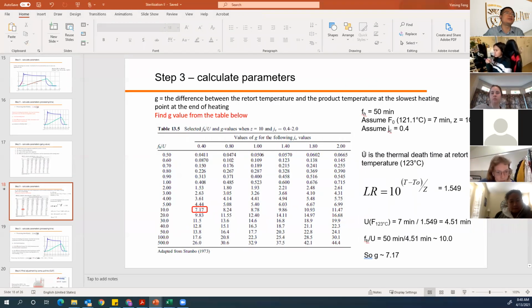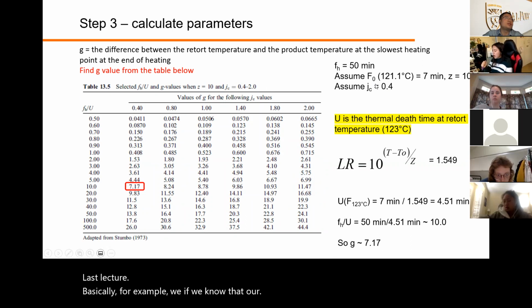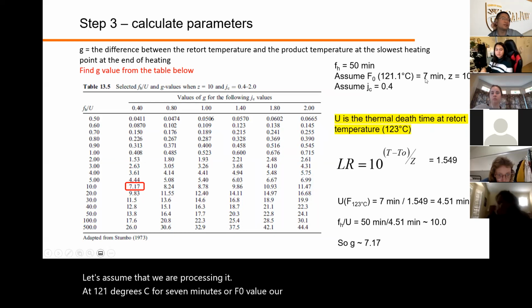We learned about this in our last lecture. For example, let's assume that we are processing at 121 degrees C for 7 minutes, our reference F0 value is 7 minutes.